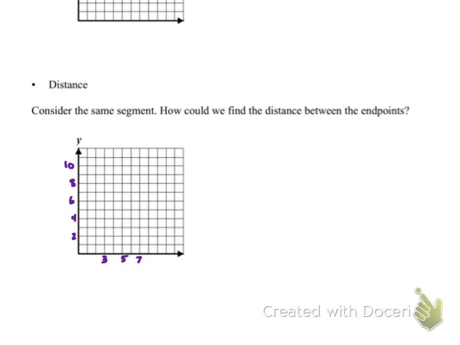So I have the point 3, 7, and then we had the point 5, 11 as the other point. So 5, 11. And so that was our line segment.